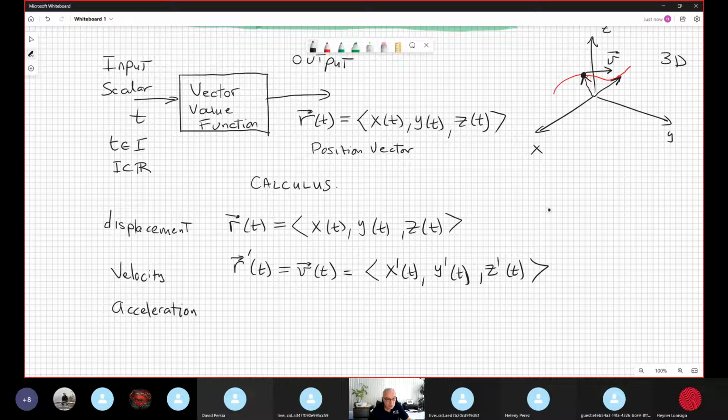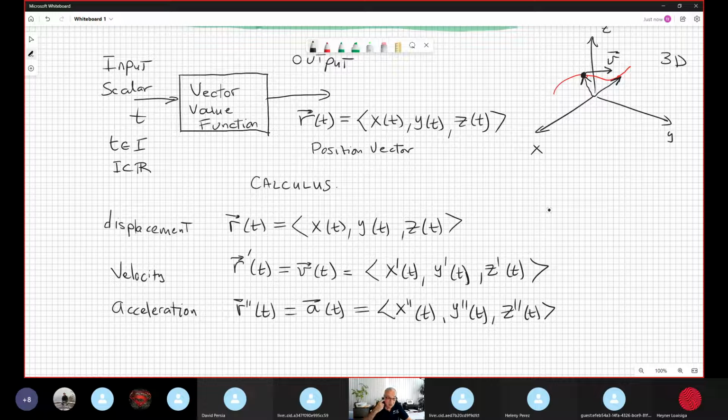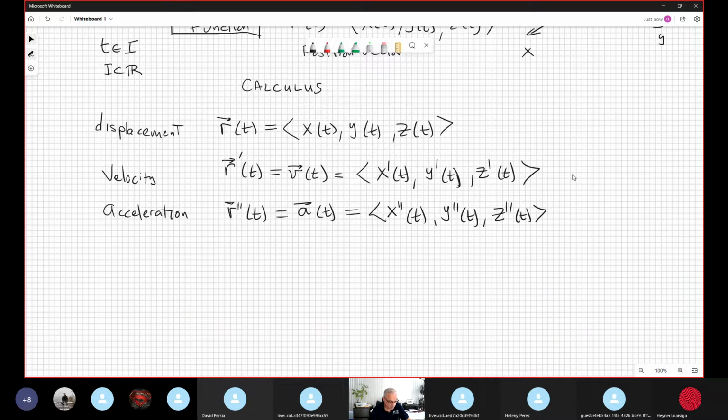Now acceleration is second derivative. Acceleration is the second derivative. Second derivative of r of t is acceleration, que es also vector. Yes, you differentiate component by component 2 times. Acceleration, well, I don't know exactly the position in what direction point. Let's see after the application. Now, one more.